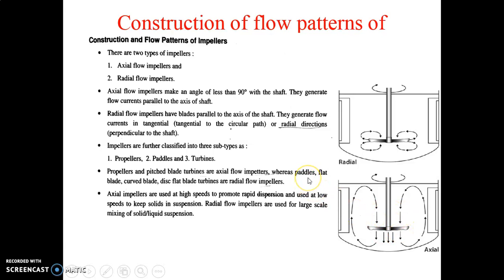And there are other types like paddle, flat paddle, curved blade, and disc flat turbines. These are the radial impellers. We will discuss this part later. First, propellers and pitch blade turbines are axial flow, and the remaining, that is paddle, flat blade, curved blade and disc flat blade turbines, are radial flow impellers.